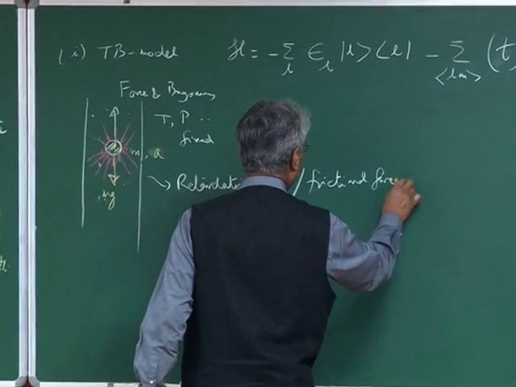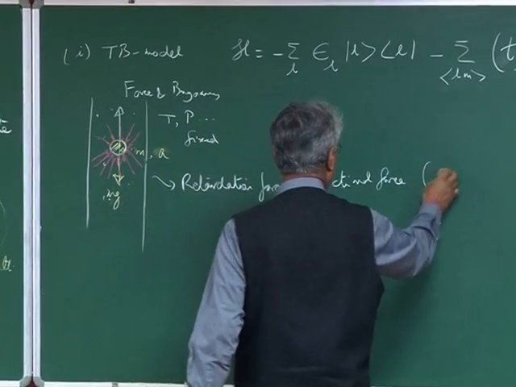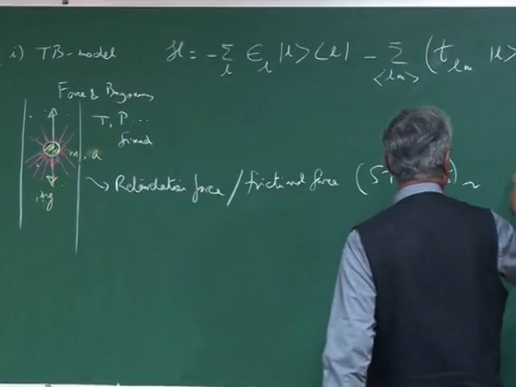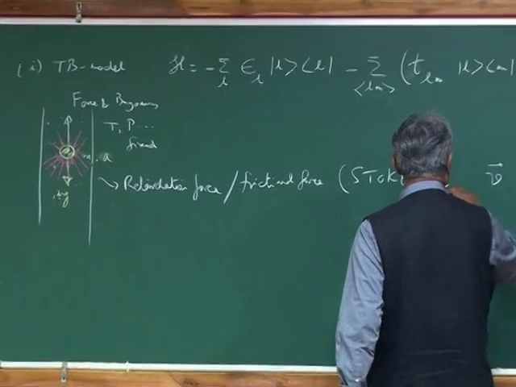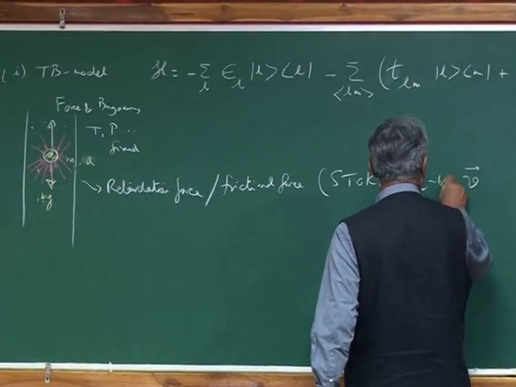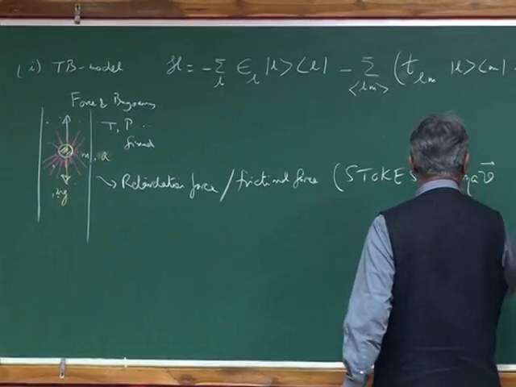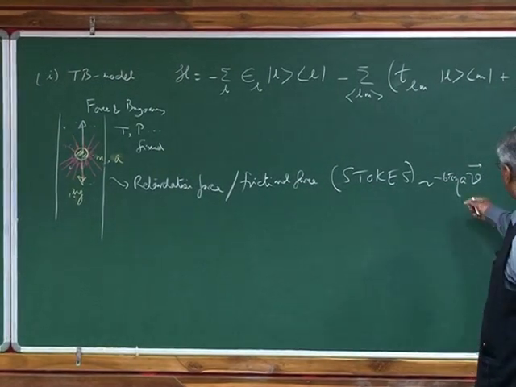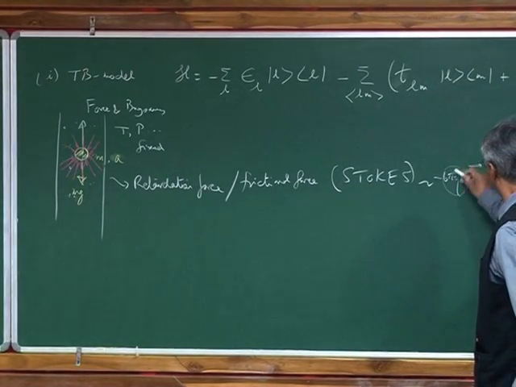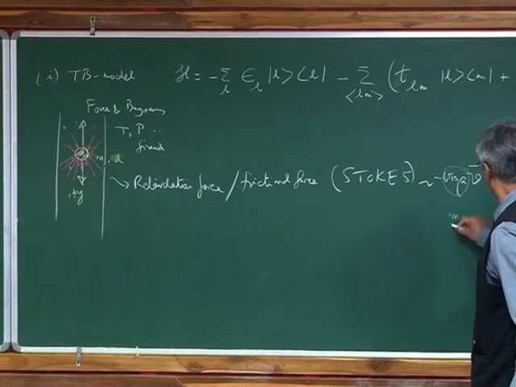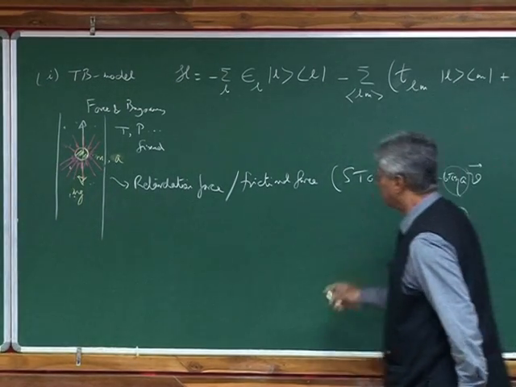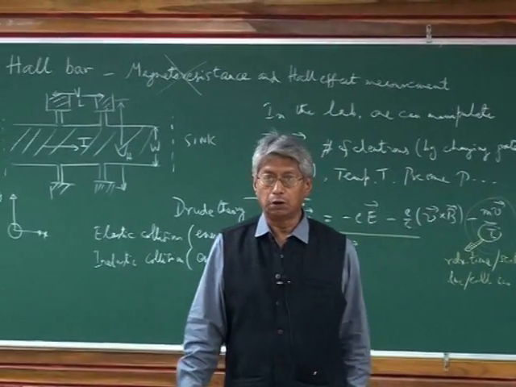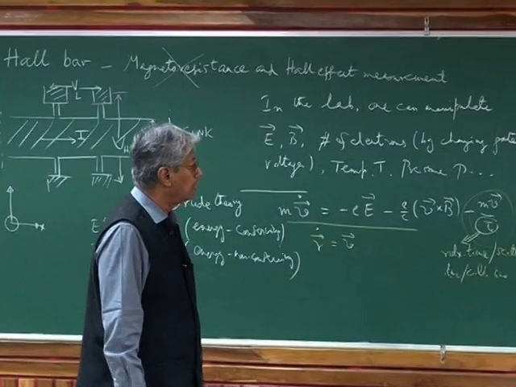And that's assumed by a gentleman called Stokes to be proportional to the velocity itself. So it in fact has a form of minus 6 pi eta times the radius times the velocity. So you see, this term is like your m over tau term occurring in the Drude model of electrical conduction. So the idea is very similar.